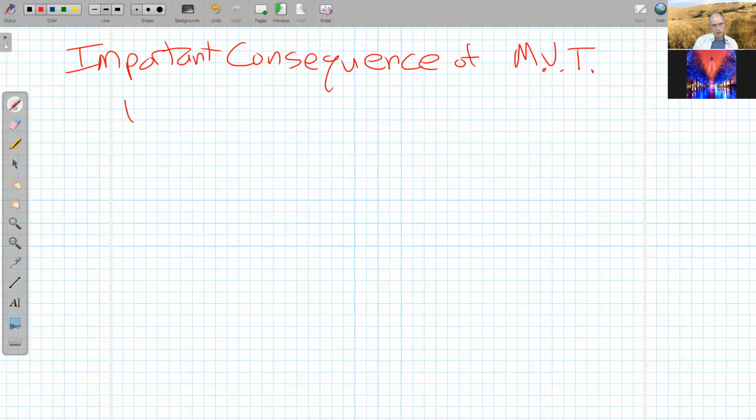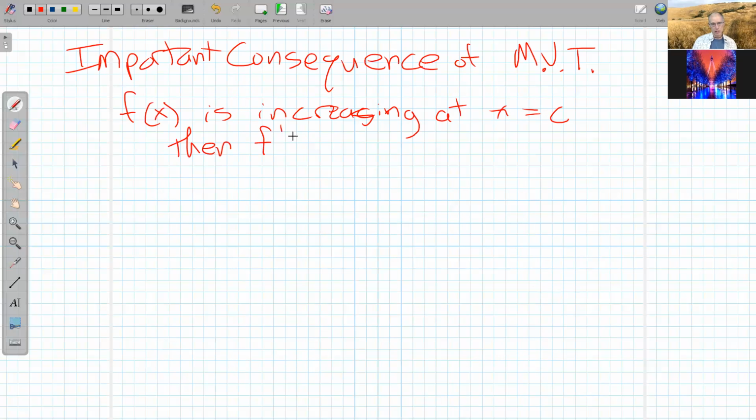is that if a function is increasing on an interval, say at x equals c, then f prime of c is going to be greater than 0.